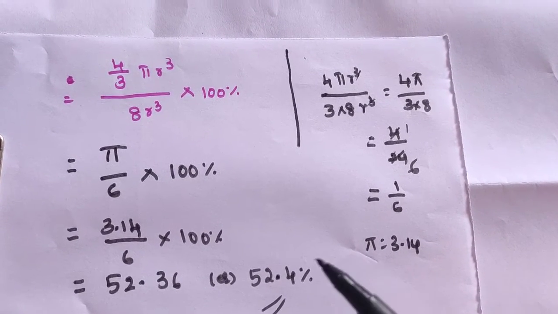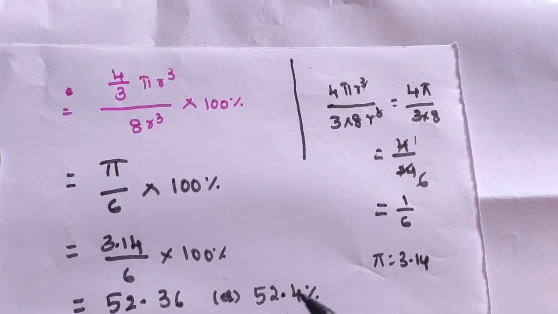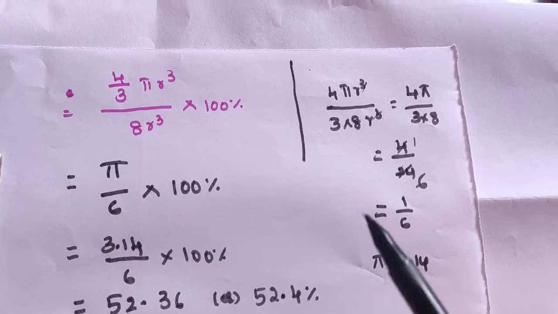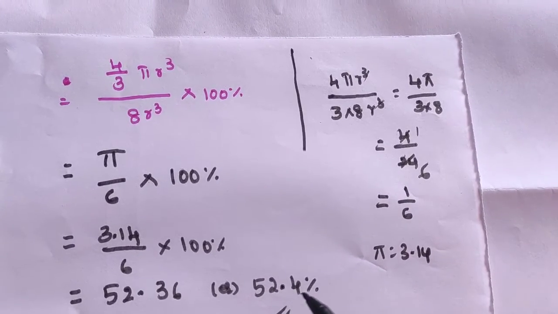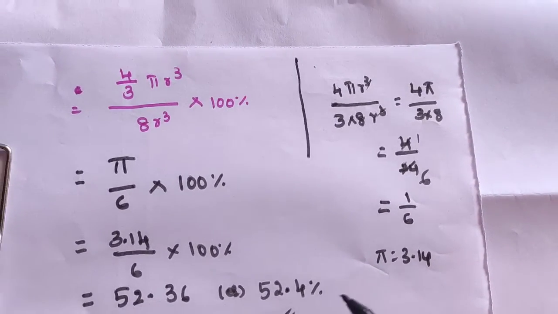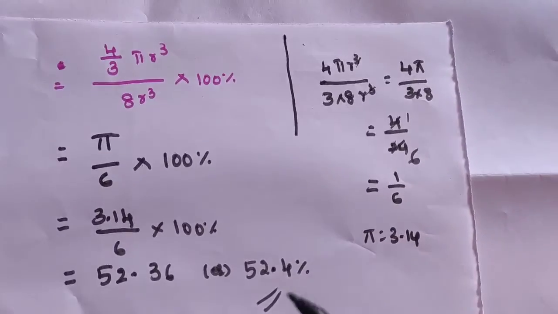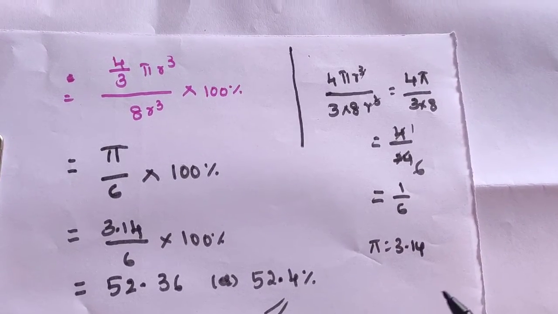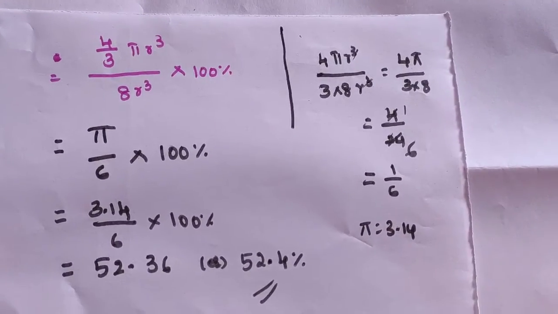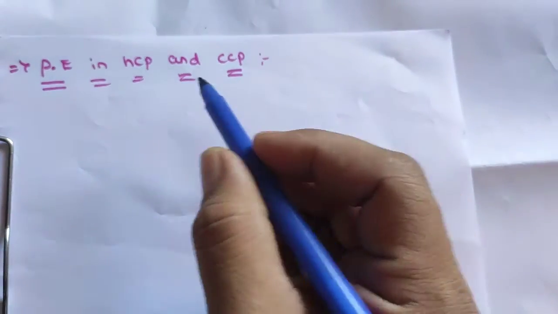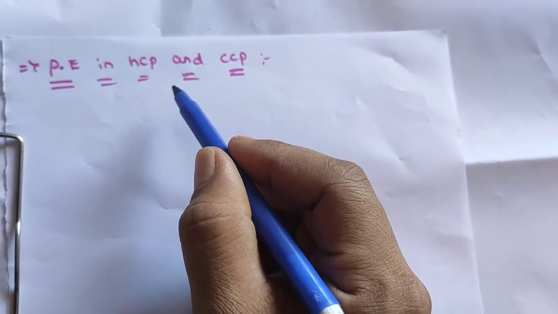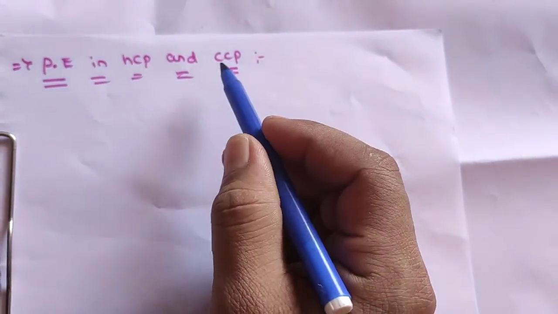It is a very important concept. In a similar way, we can also learn about packing efficiency in HCP and CCP, that is in the formation of FCC, the face centered cubic unit cell. Now let us learn about that. The next type of packing efficiency is calculated in HCP and CCP.